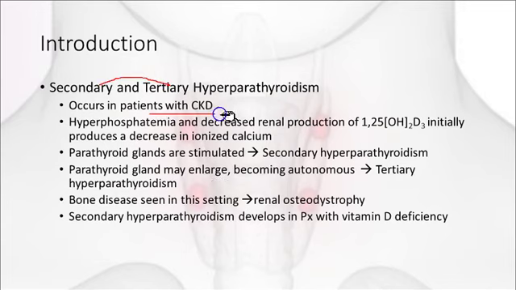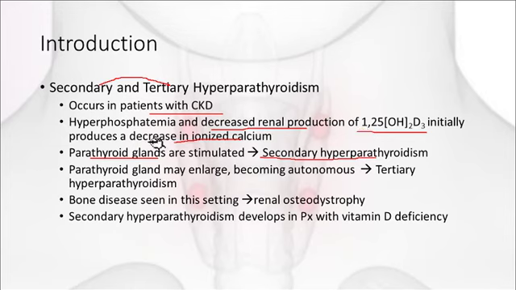Both of these occur in patients with chronic kidney disease, hyperphosphatemia in chronic kidney disease, and decreased renal production of 1,25-hydroxyvitamin D3 initially produces a decrease in ionized calcium levels. In this particular scenario, parathyroid hormone is then stimulated, and when parathyroid hormone is stimulated, then calcium is released from your bone, and this is known as secondary hyperparathyroidism.